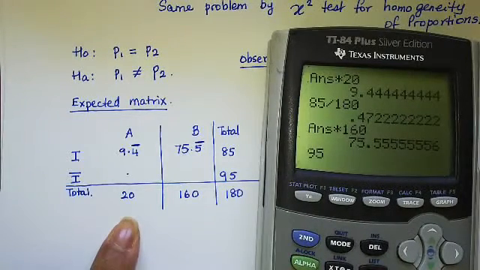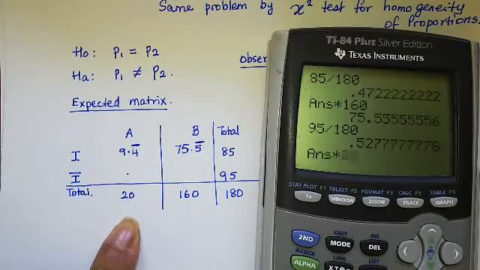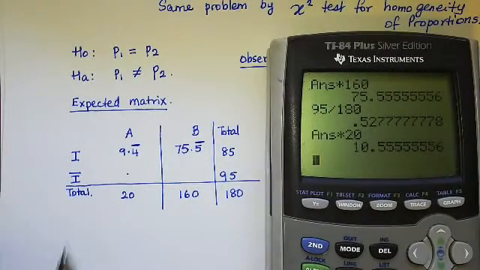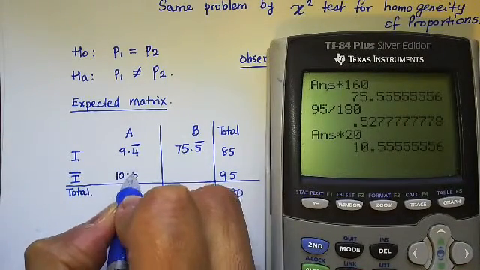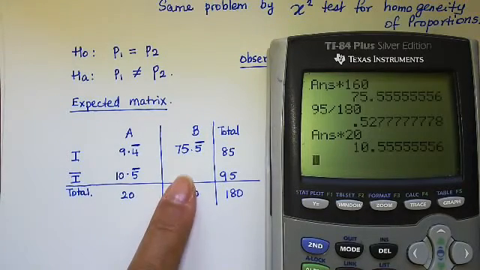Next we work on this one. Row total, 95, divided by grand total, times 20. 10.5 repeating.